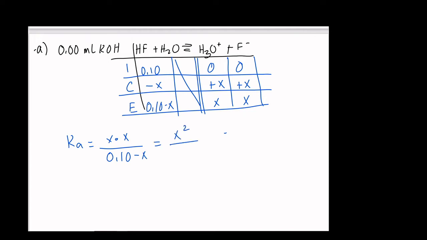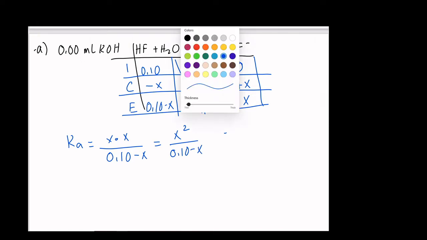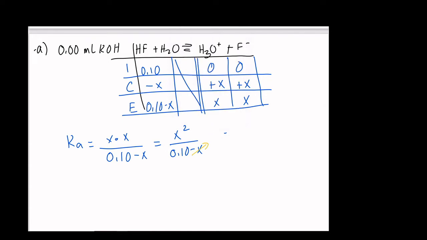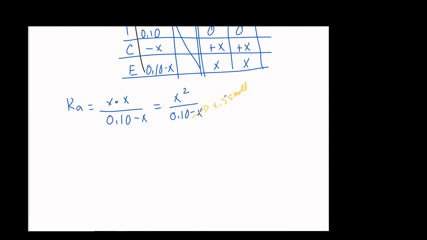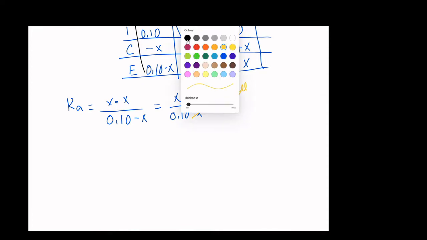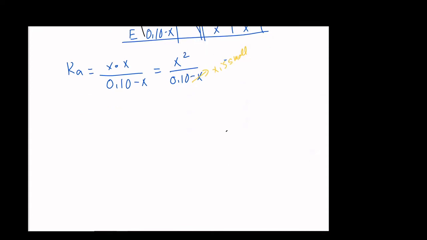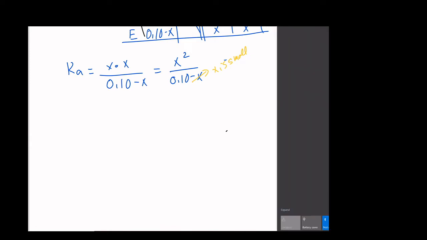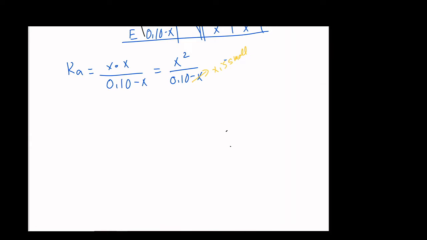So that's going to be equal to x squared over 0.10 minus x. Now, if we assume x is small, which we can make that assumption here, we generally do, then we can set our, forgot to put the K in here. So let's go ahead and rewrite it.